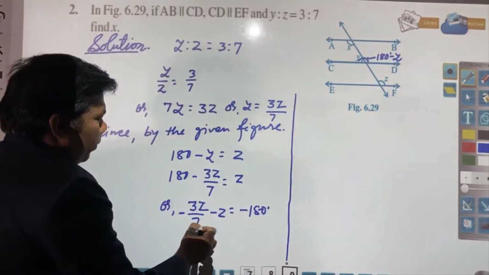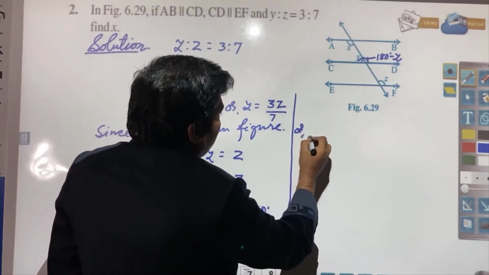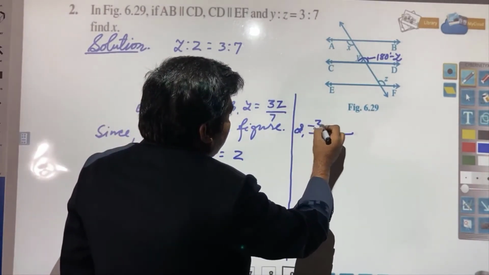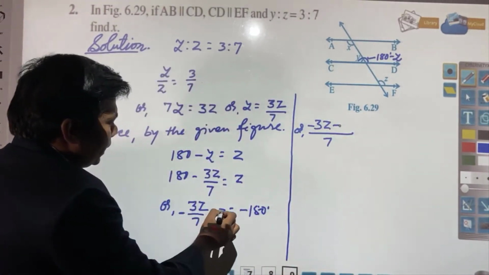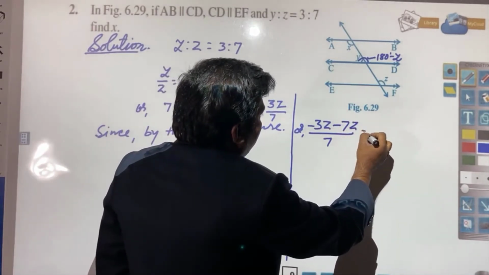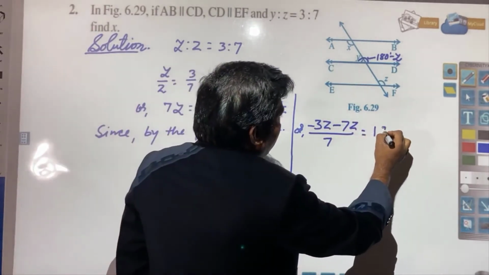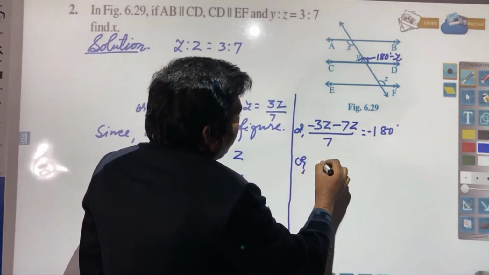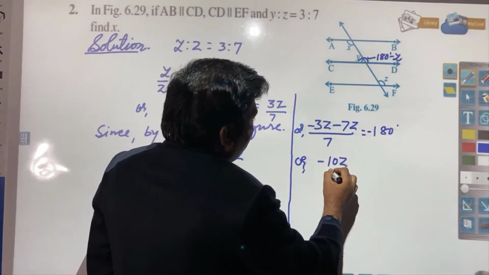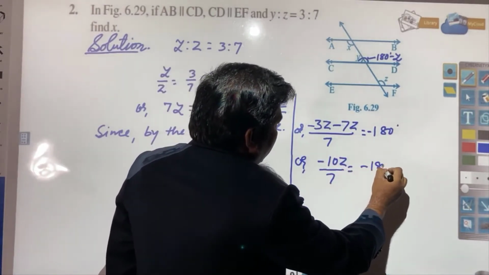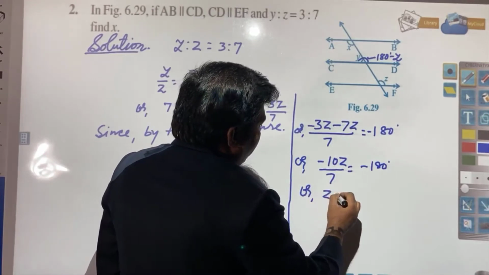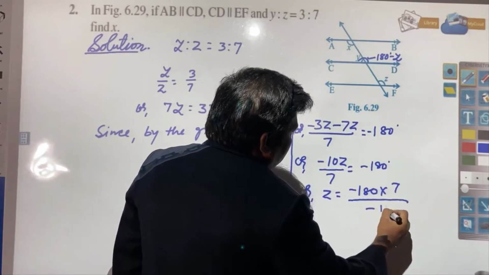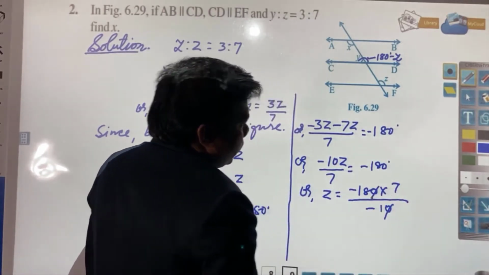Now, if you simplify this, the denominator will be 7, and here you will be having minus 3Z minus 7Z, and that is equal to minus 180 degree, or this will be minus 10Z by 7 is equal to minus 180 degree, or Z will be equal to minus 180 into 7 by minus 10.